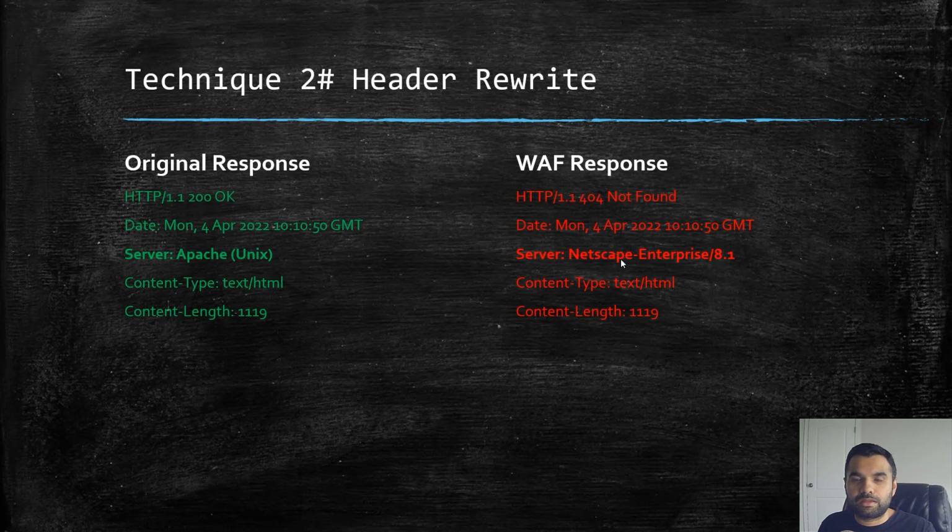If you send a malicious payload, then you will see the server respond with Netscape Enterprise and not the actual web server. But if your request is valid and there is no malicious payload in it, then you will probably see the response as Apache Unix. So you'll see different responses based on the payload of the request that you're making.